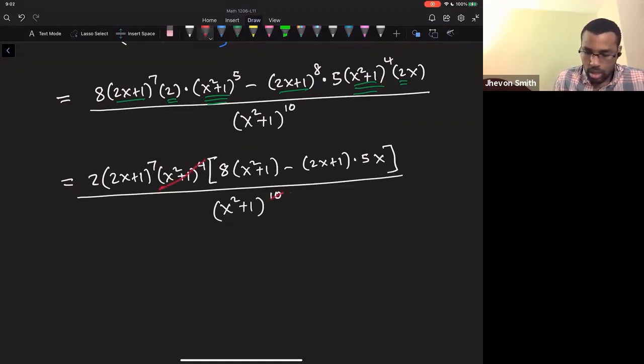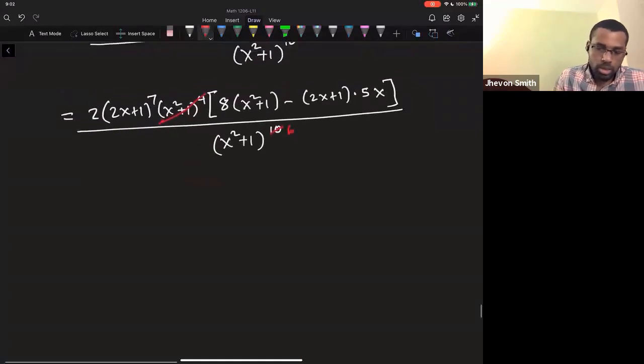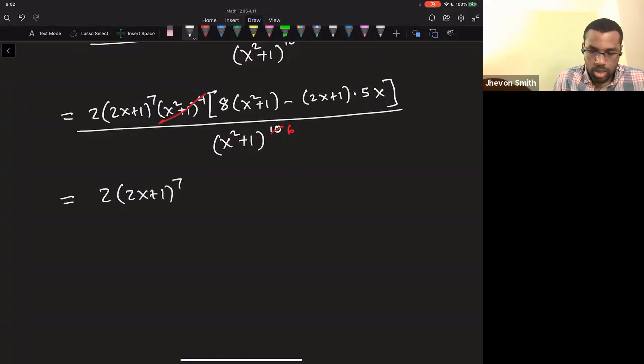This cancels out 4 powers of that. So we have 2 times 2x plus 1 to the 7th, 8x squared plus 8 minus 10x squared minus 5x.